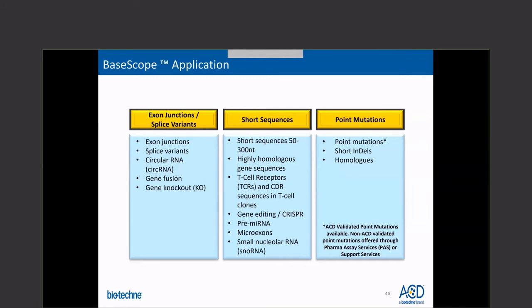Short target sequence probe design can be used for sequences between 50 and 300 nucleotides, highly homologous sequences, CDR3 sequences for T-cell receptor clones, precursor microRNA, microexons, small nucleolar RNA, and gene editing. These probes can be 1 to 3 ZZ in length. Lastly, we have a list of in-house validated point mutation probes that can be used to identify specific point mutations in cell and tissue samples.